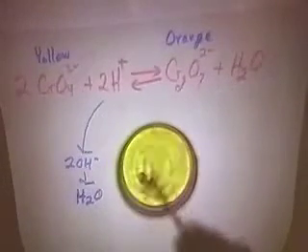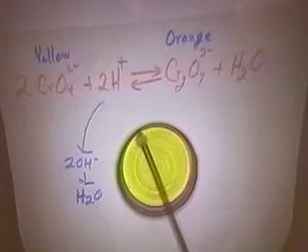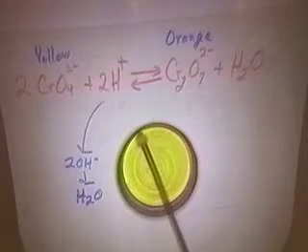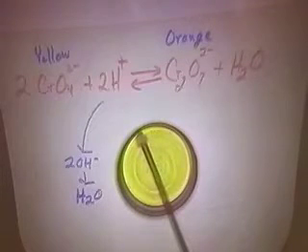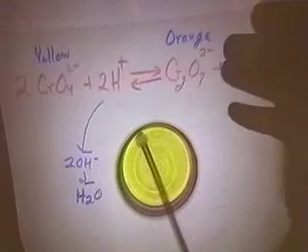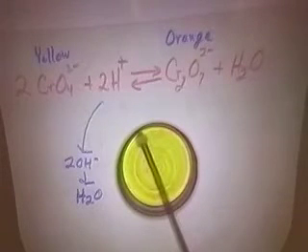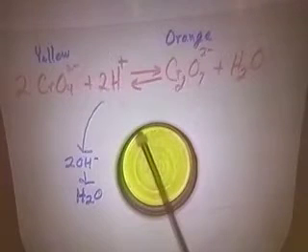And we can see now that the solution has gone back to the nice yellow color that we had for the chromate ion. So we see that by changing one of the reactants in the system, we have shifted the equilibrium first to favor the product side. Then by changing the concentration again, we've now shifted the equilibrium back to favor the reactant side.